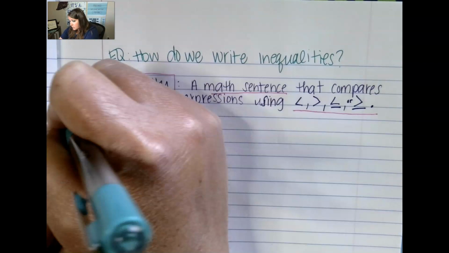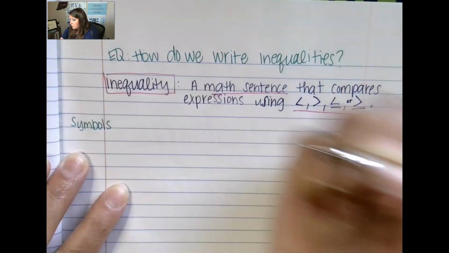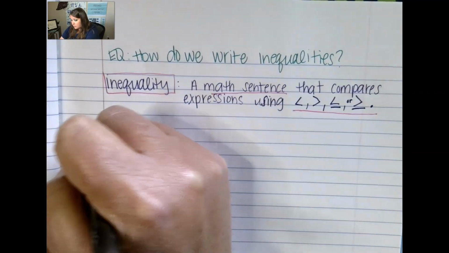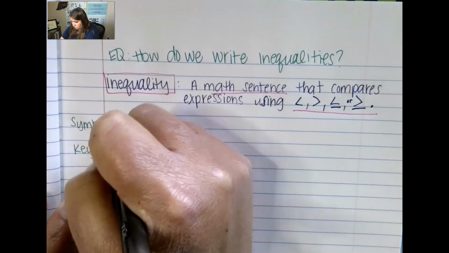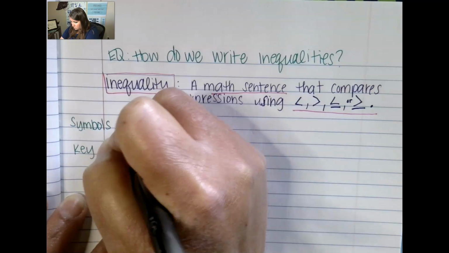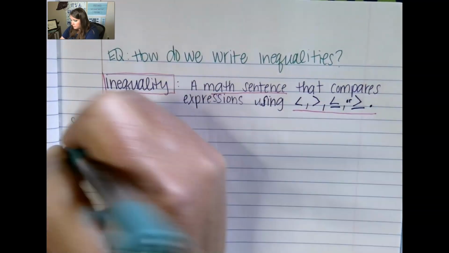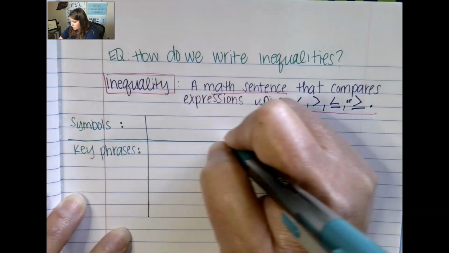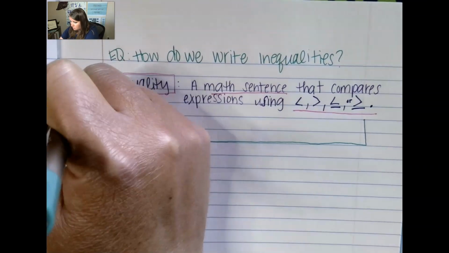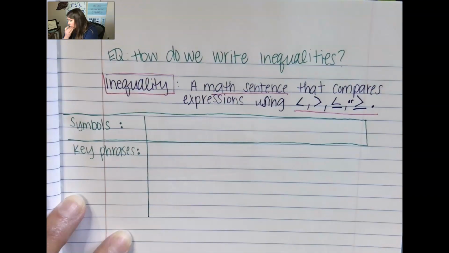Here we're going to have the symbols, and down below, we're going to use key phrases. We're just going to make this quick little table here. Maybe your lines will be a little bit straighter than mine.